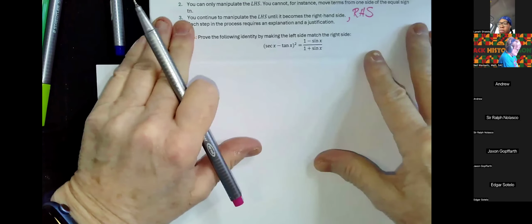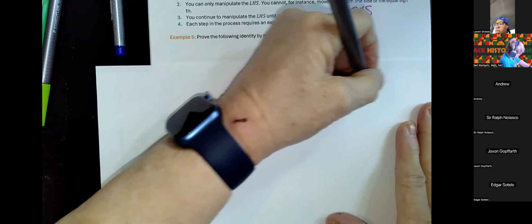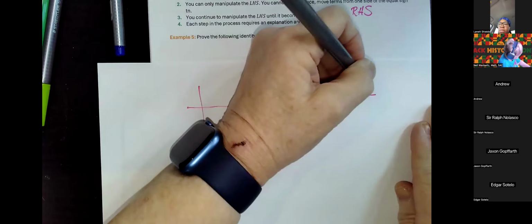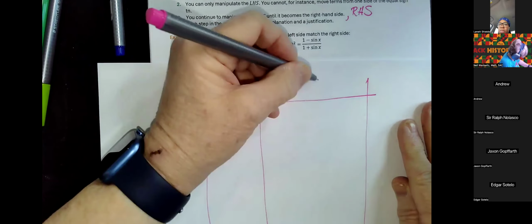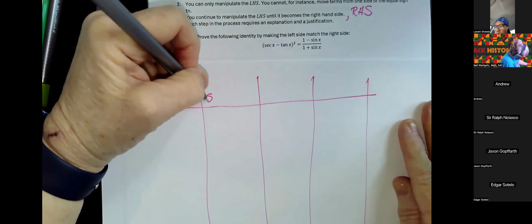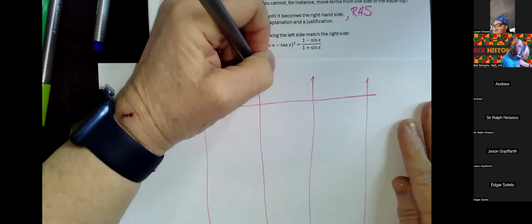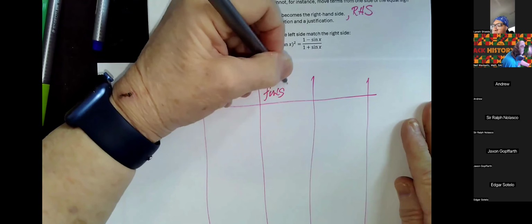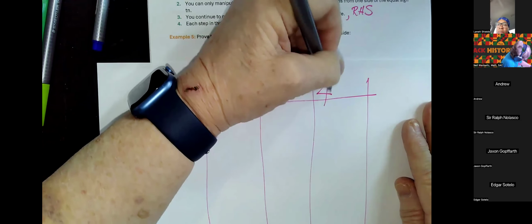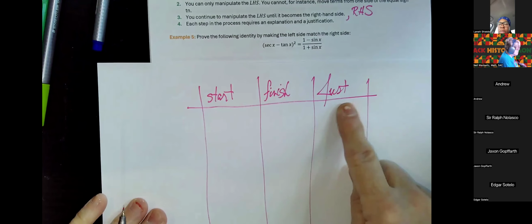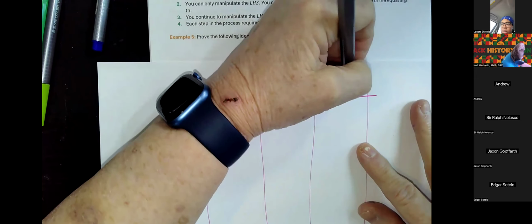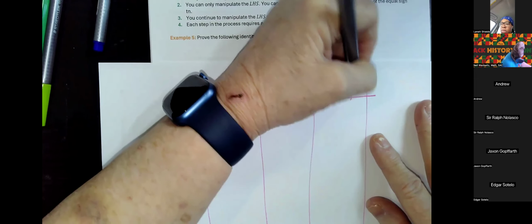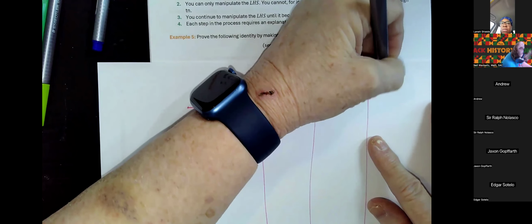And just so that it's easier for us to communicate, we're going to use some kind of column thing. So one column is just going to be the justification for the step.